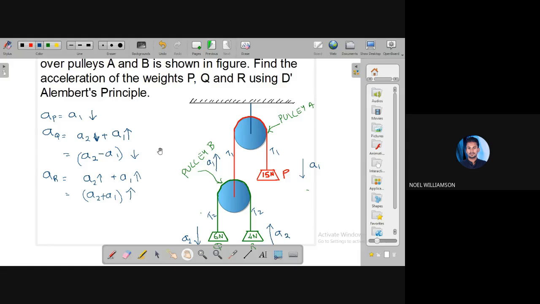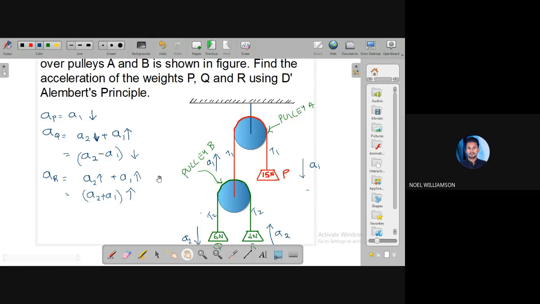A system, or the resultant of a system of forces, is in dynamic equilibrium with its inertia force. That is, the forces in the direction of acceleration we take as positive, and we get a sum, the resultant force F, plus minus MA, which will give you 0.